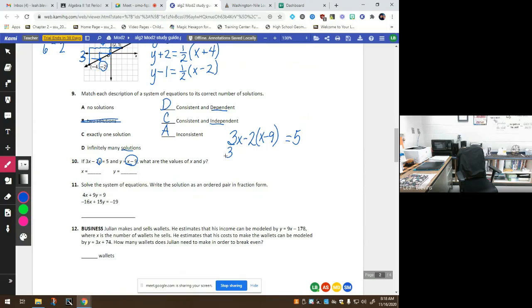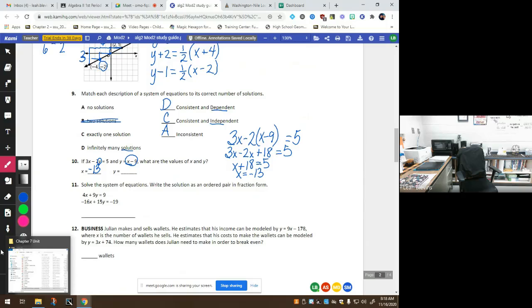Distribute. Combine like terms. Subtract 18 from both sides. Negative 13, yes, is my x value. Now how am I going to find y?